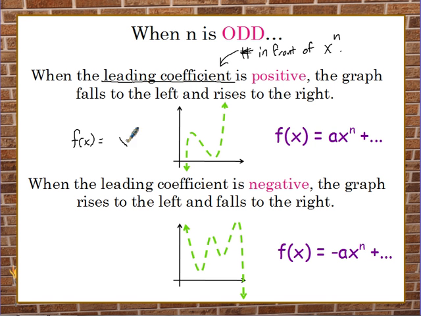I heard x to the third first, okay? So that would be like x to the third. Okay, and in order for the left to go down and the right to go up, I know my a would have to be what? Positive. Like what? 2. So if you type this in your calculator, it would look something like this. Not exactly, but it would look something like this, okay?